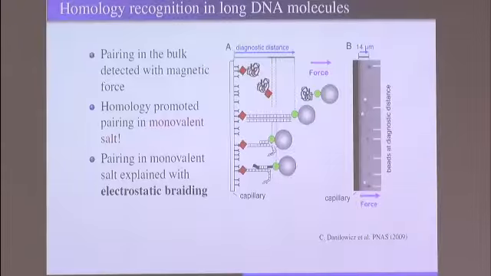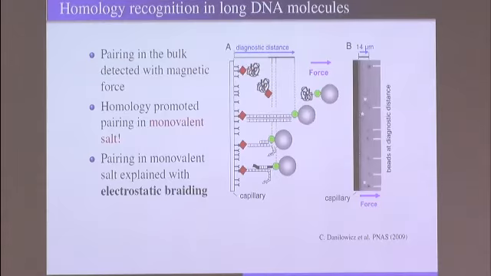And once the force is applied, if you detect beads at the so-called diagnostic distance, which is approximately the contour length of DNA, that is a sign of pairing. And now this number of tethered beads increased as a function of the salt concentration, and at equivalent salt concentrations, the number of tethered beads was higher for homologous molecules.